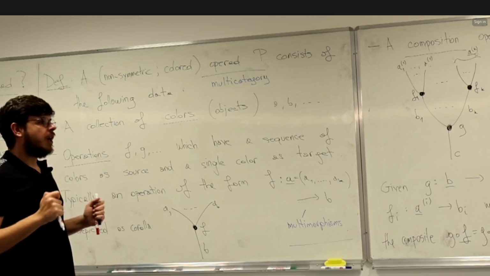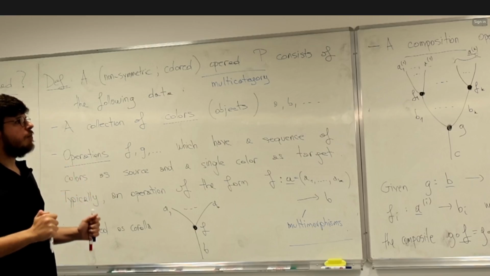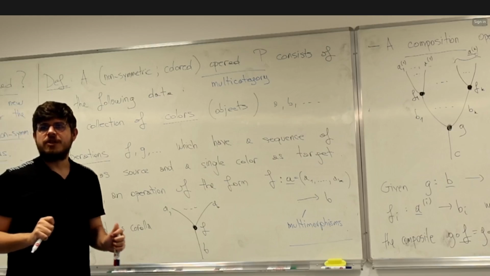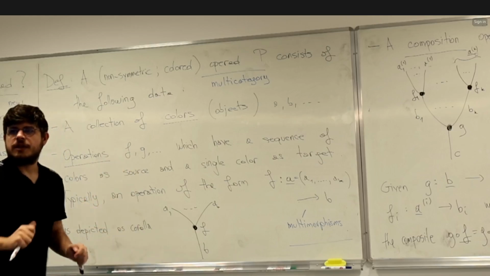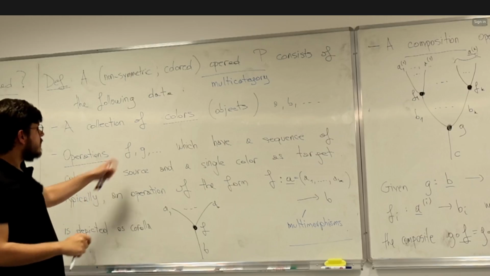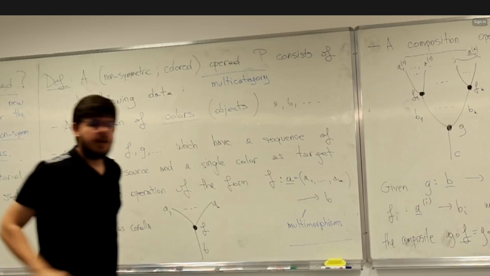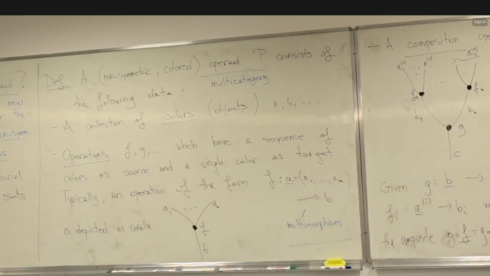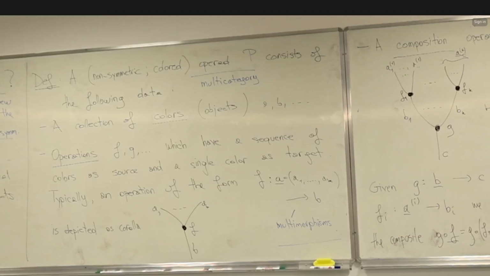Our paper is devoted to non-symmetric operads. We hope to extend our approach to the symmetric case, but for now, this is it. And there are interesting examples of things which are non-symmetric. So let's get on with why this is useful and how.